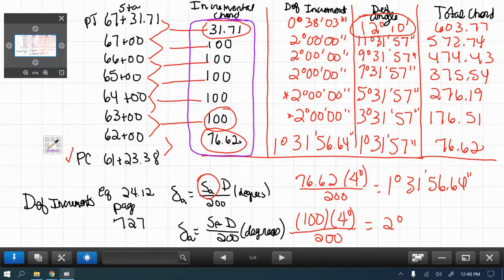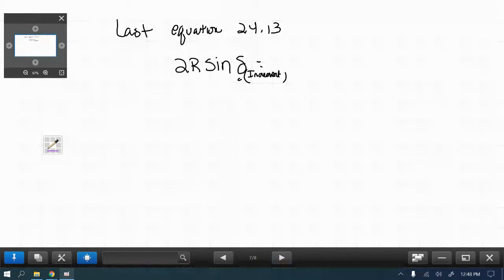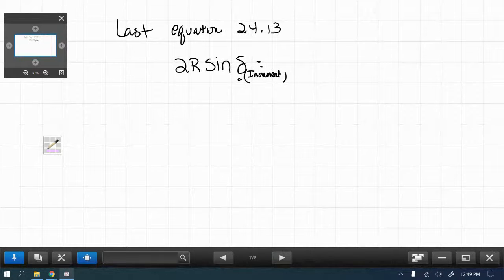So we're going to use that same formula that we use for total chords. The only difference is that's 40.